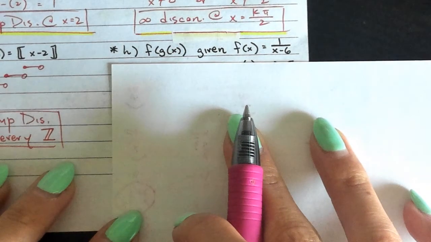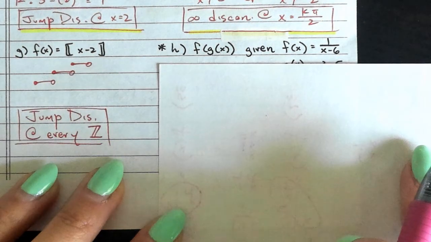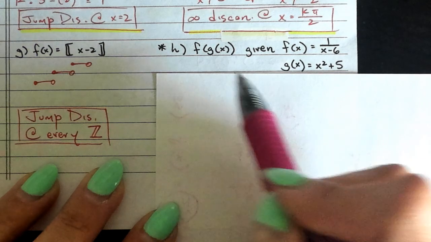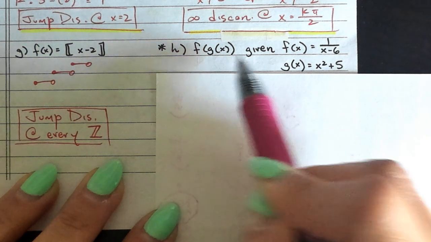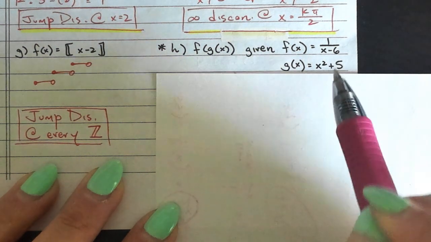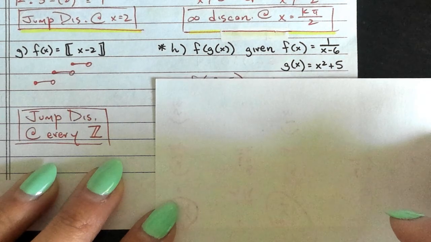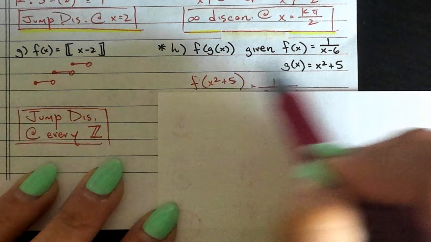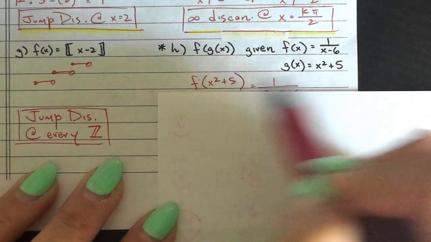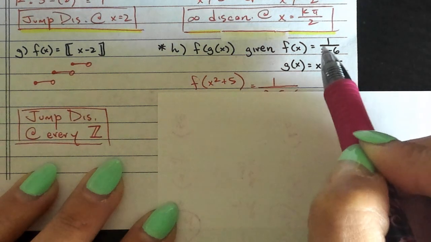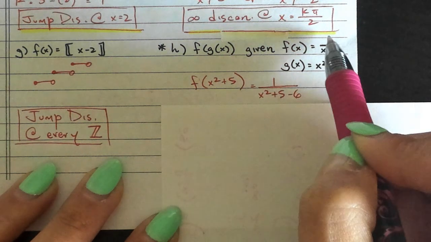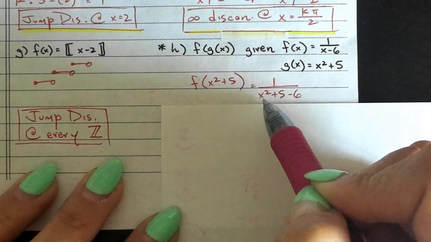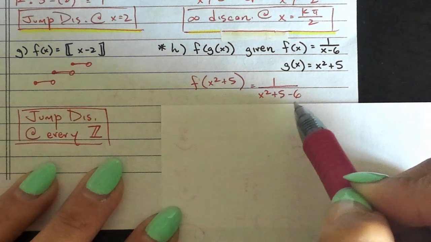All right, this one is interesting. This one says, what about f of g of x given f of x and g of x? We're going to plug in, because we know how to plug in. So f of g of x, I plug that in to here. So instead of 1 over x, it's 1 over x squared plus 5, and then here's my minus 6.